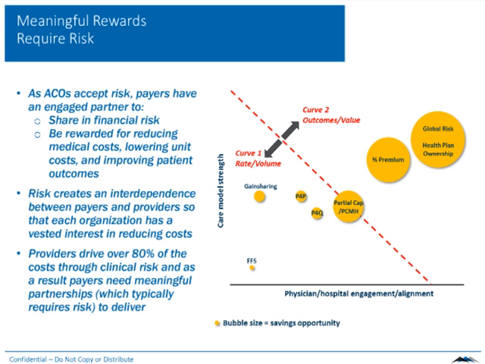And it's also the more meaningful the ability to influence your reward. So when you talk about percent of premium arrangements or global risk or health plan ownership, and even in some cases PCMH, ACOs and CINs that contract in those arrangements always look at making sure that they have the controls they need as partners in that venture to be successful at taking that amount of risk. So can they be involved in benefit design in the health plan?